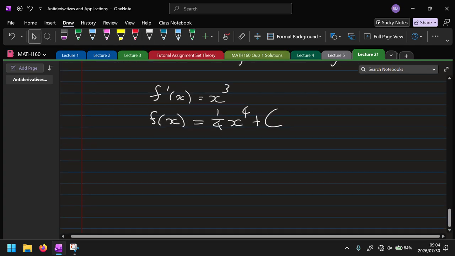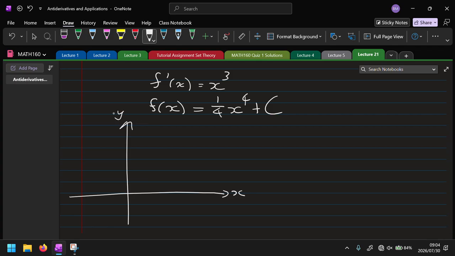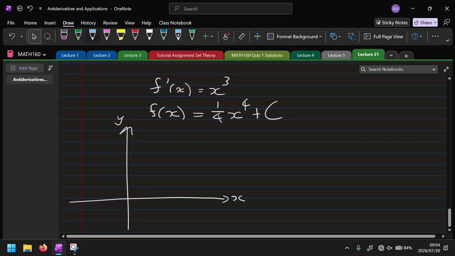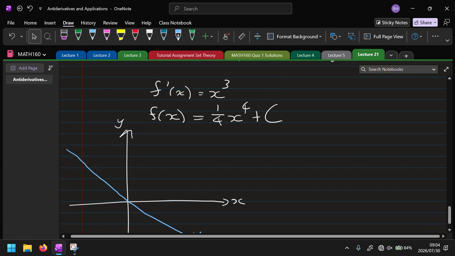And we can see that with a little picture. So on the side here, let's draw this. So we have x and y. This tangent line, x plus y equals 0. That's just another way of writing y equals minus x. So we've got this tangent line here. Okay.